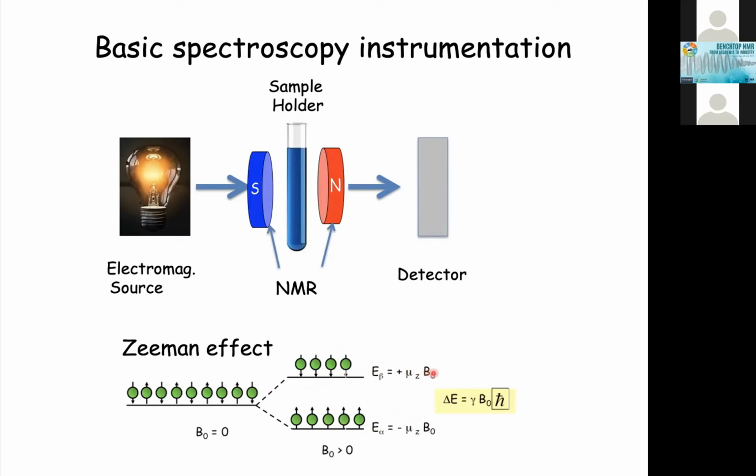One is the interaction between the magnetic moment and the magnetic field, minus magnetic moment times B0. But what we do is not measure the energy, but measure the difference in energy between these 2 levels, and it is proportional to the gyromagnetic ratio, gamma, that's a constant for each nucleus, times the magnetic field and the Planck constant divided by 2 pi, okay?